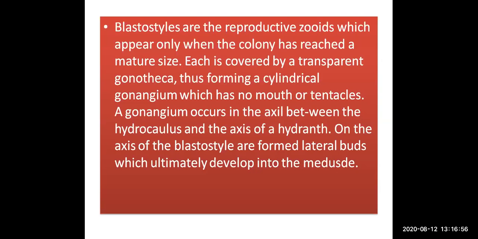A gonangium occurs in the axil between the hydrocaulus and the axis of the hydranth. On the axis of the blastostyle are formed lateral buds, which ultimately develop into the medusae.